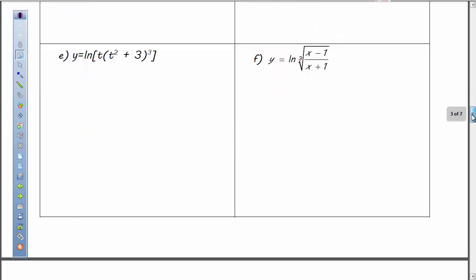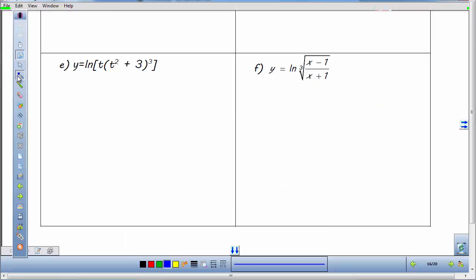Oh, we got some more. Which one do you want to try on your own, E or F? Okay, F is the one you're going to try on your own. So I'll do E with you. We have to be careful here. The first part is going to be easy, but what rule are we going to have to use overall?